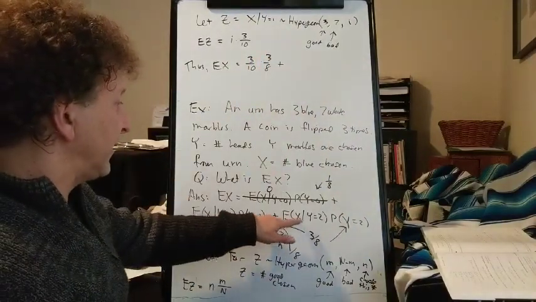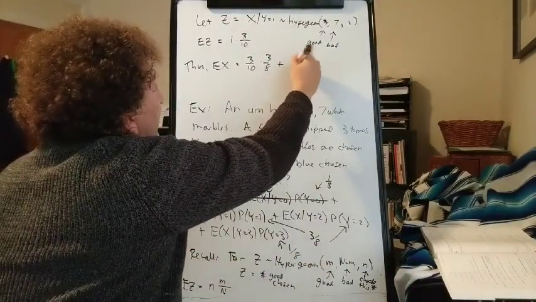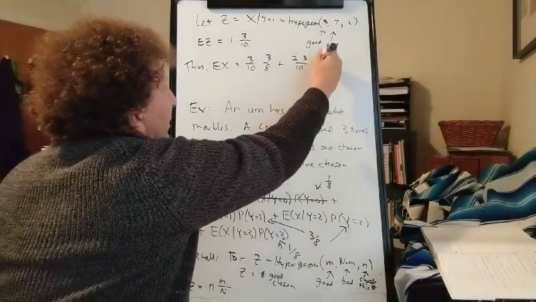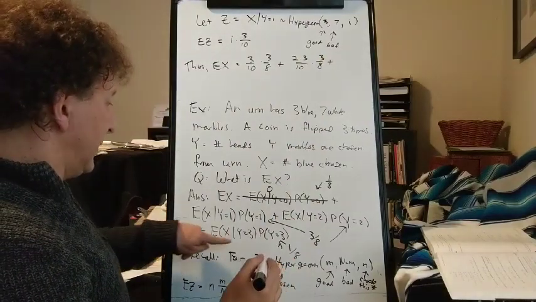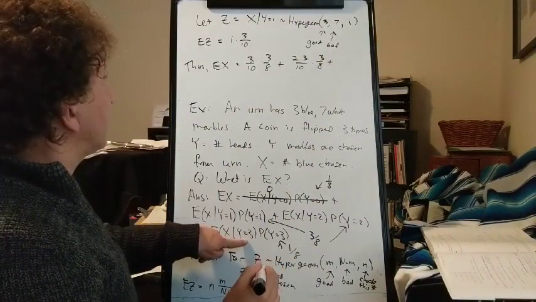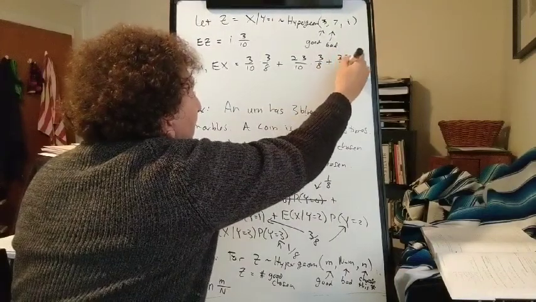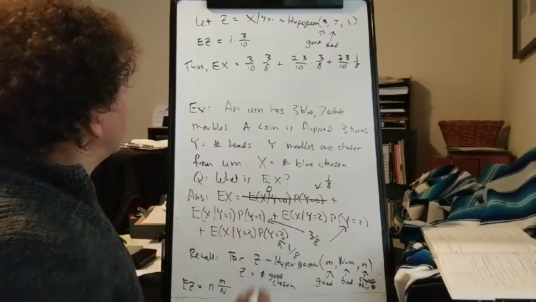The expected value of X given Y equals 2. So that's 2 times 3/10. And again, probability 3/8 of getting Y equals 2. And then if Y equals 3, we've got 3 times 3/10 times the probability that Y equals 3, 1/8.